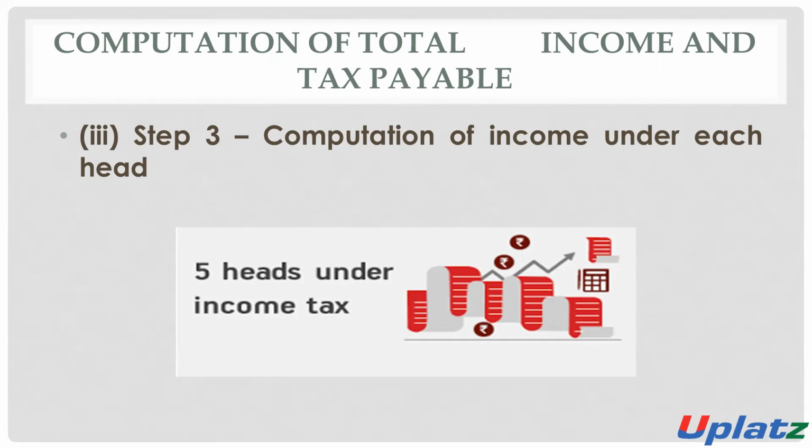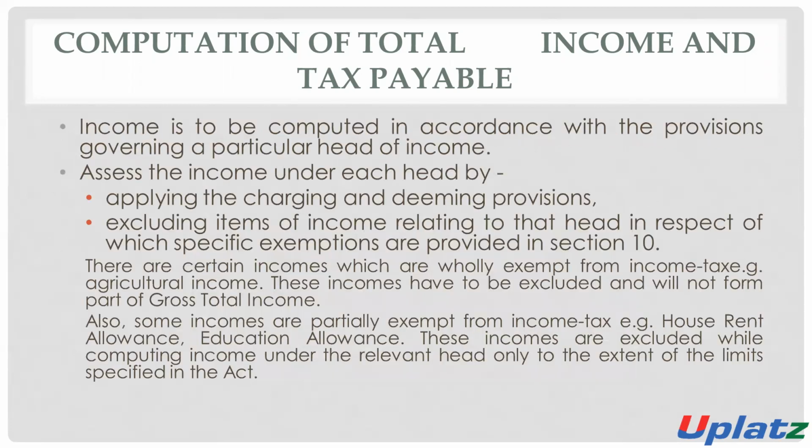So now we will discuss step number 3, computation of income under each head. After the classification of income, we will compute the income which will be taxable under each head. The income is to be computed in accordance with the provisions of each head of income.